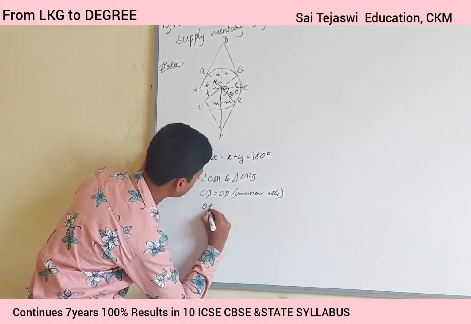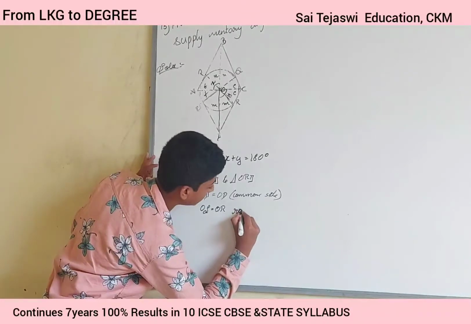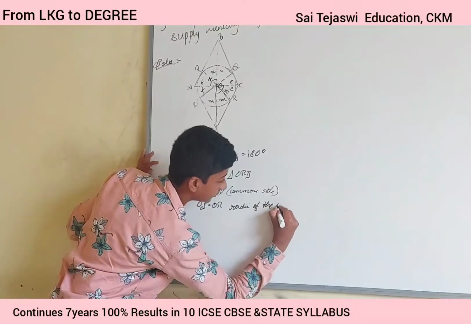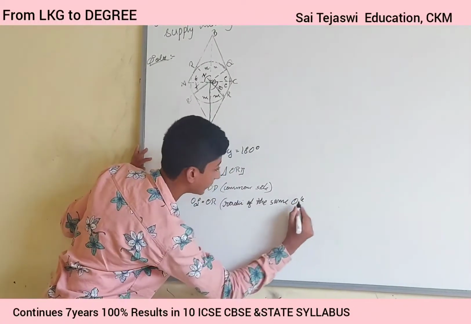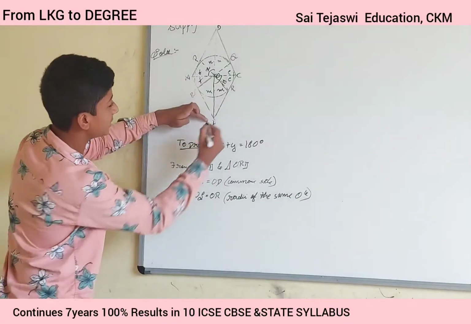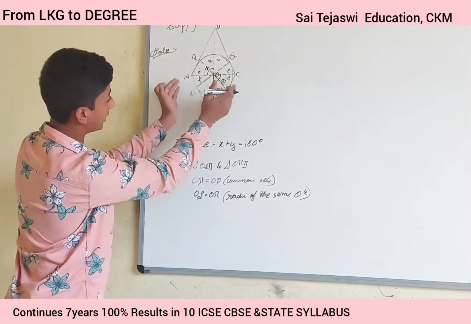We take DS equals DR because this is an external point and two tangents are drawn from it to the circle.